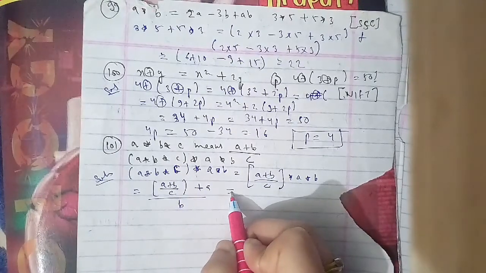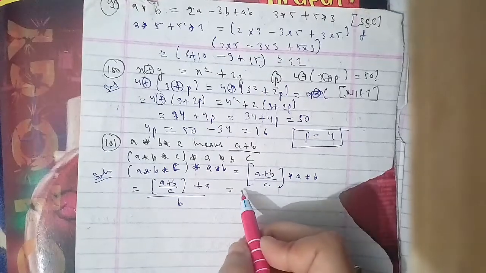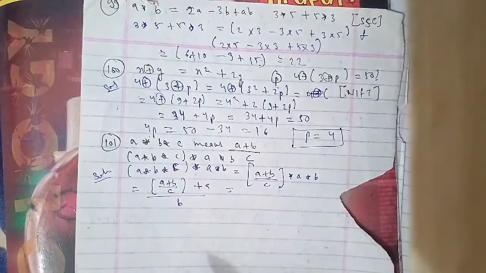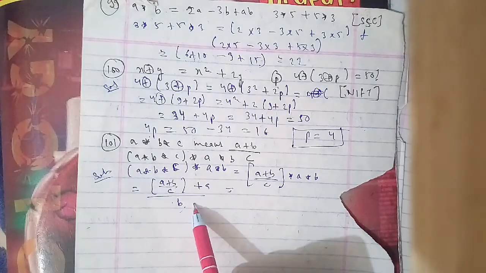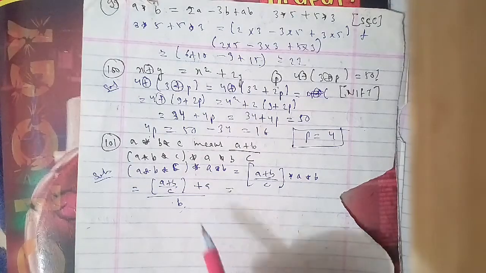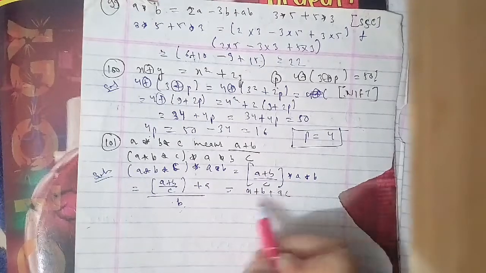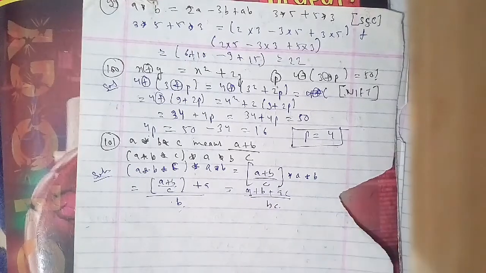With a reference towards it, when we take it out, a plus b upon c, and that we have upon b as well, plus a, and in the same references it will give you a plus b plus ac upon bc here, and that will be the right answer for this question as well.